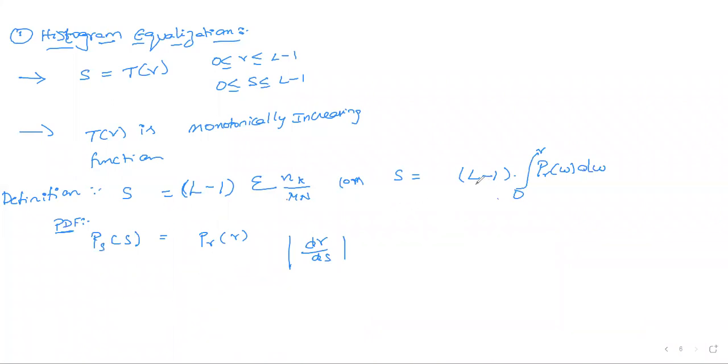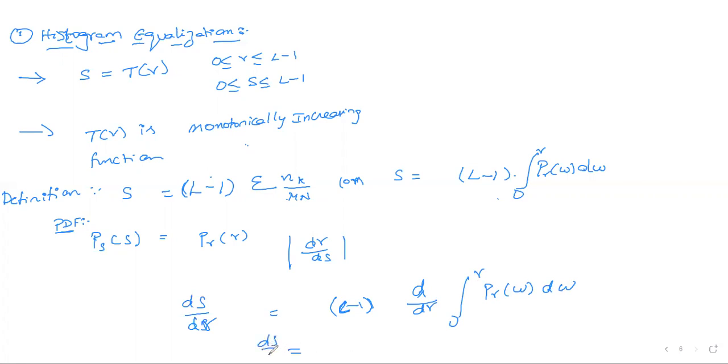We know that s is equal to this, because we have to check whether the given function is monotonically increasing or not, right? So now calculate ds by dr. L minus 1 into dr by dr of the integral, so the derivative and integral get cancelled.